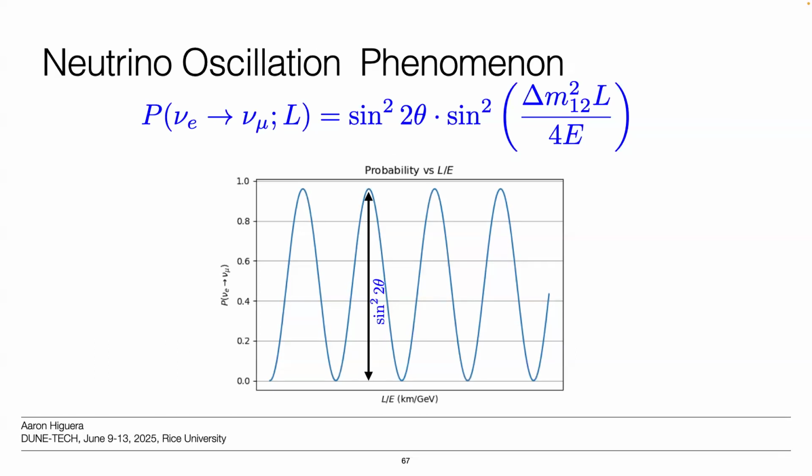So if you are doing your measurements, this is a function of L over E. In your experiment, you start with all electron neutrinos and no muon neutrinos, but then after some L over E, you reach a maximum, and then you go back, there's nothing, and you go back again, there's a maximum. And you see, this is an oscillation process. So that's why this phenomenon is called neutrino oscillation.